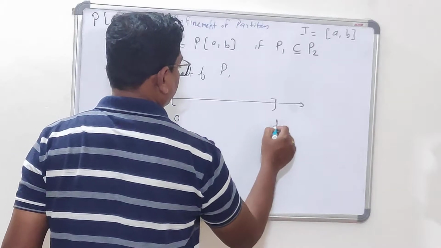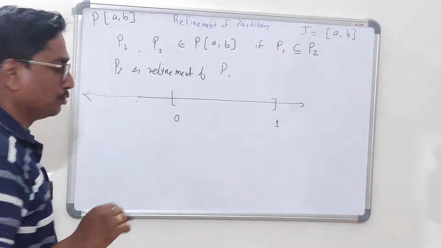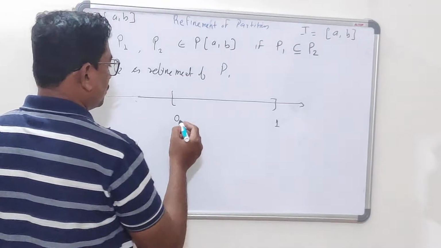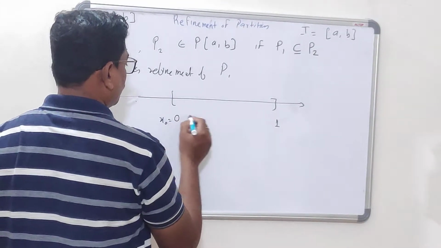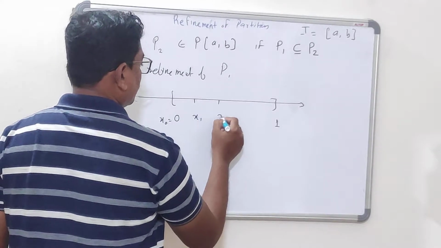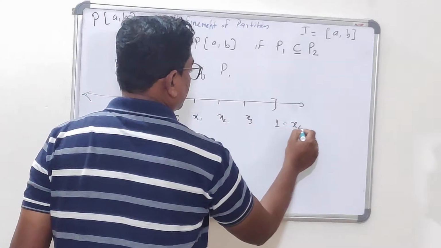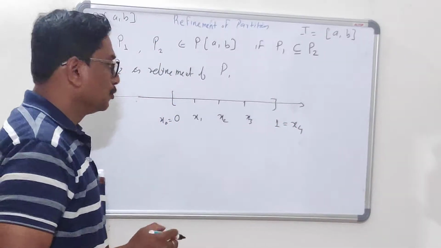I have partitioned this interval with points x0, x1, x2, x3, and x4.